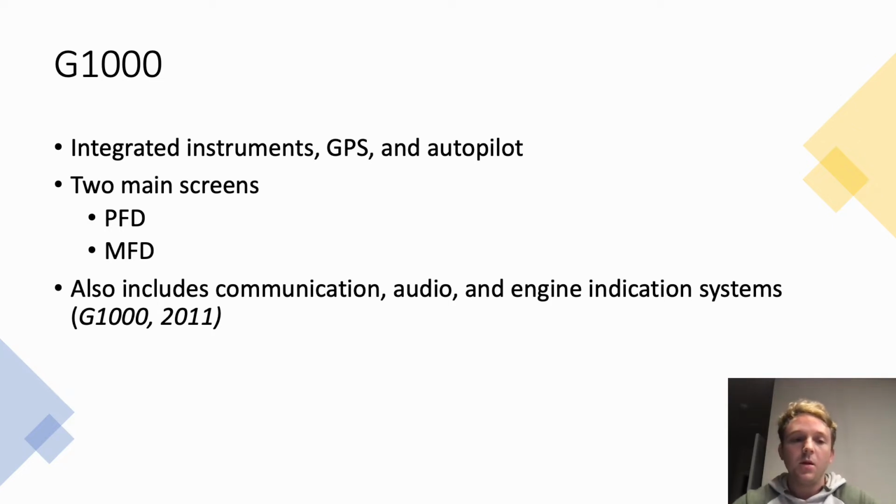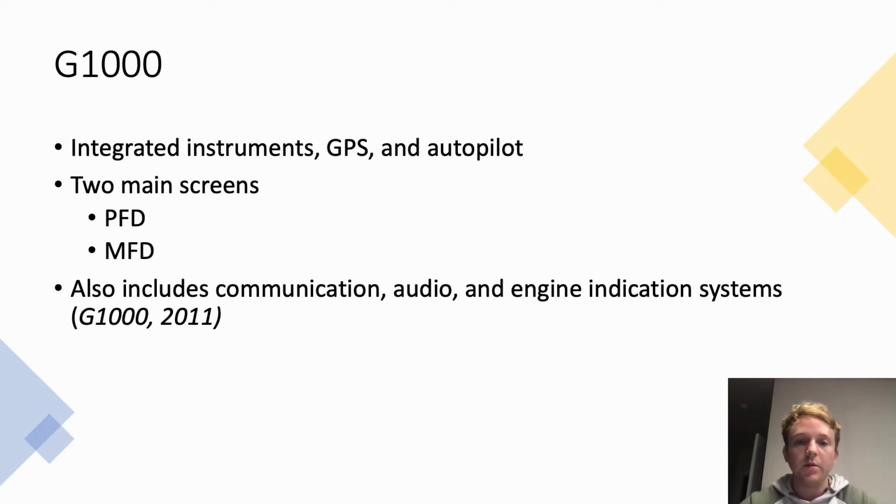It does integrate flight instruments such as airspeed indicators, heading, and altimeter, along with GPS and autopilot. It also has communication for radios, audio, cabin audio, and also engine indicating systems such as oil pressure, oil temperature, RPMs, manifold pressure, depending on what type of plane you're flying.